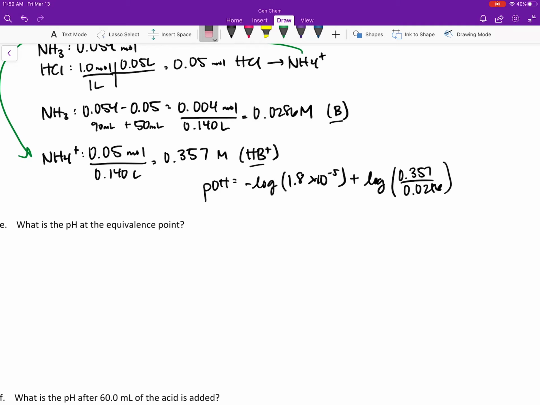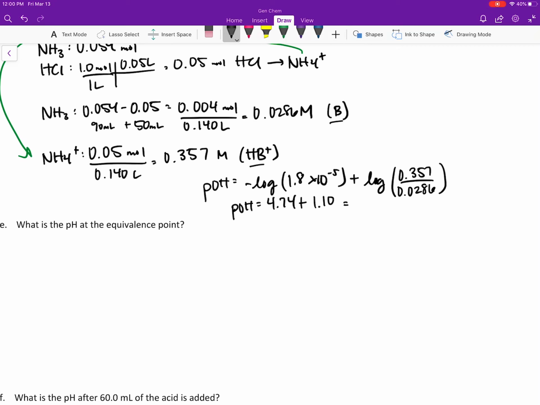Okay? And I'm going to solve for the pOH, which is going to be the 4.74 plus my log, make sure I do all these numbers right, of 0.357 divided by 0.0286, and take the log of that.